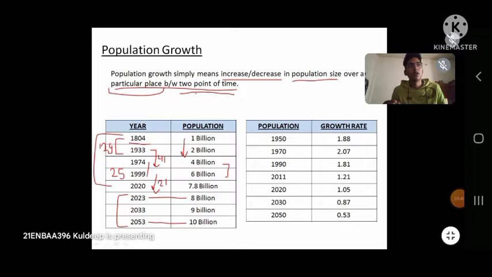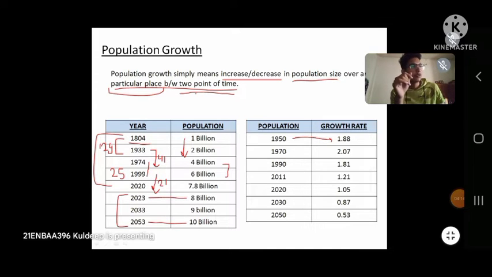Now let's look at the growth rate. In 1950, the growth rate was about 1.88%. You can see that in this phase, 2 billion new members were added to the population in only 41 years. During that time the growth rate was 1.88, and after that it was 2.07% in 1970.